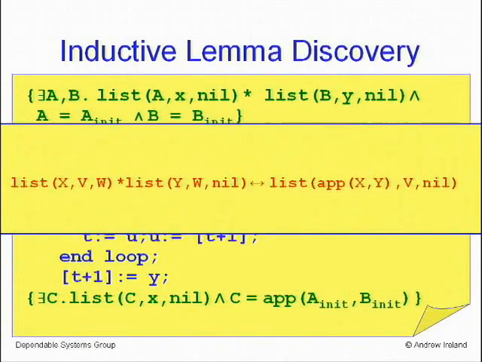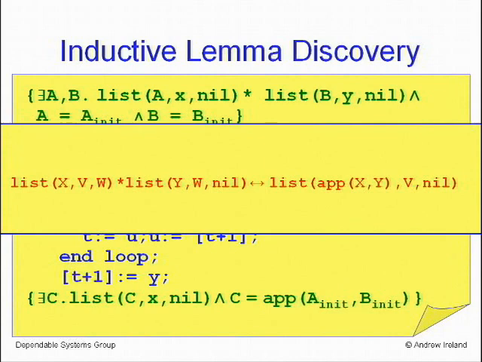And the key thing you need to do here is you need to invent a lemma, an inductive lemma, which allows you to reason about this gluing together of two list data structures, essentially. And that's the inductive lemma there.